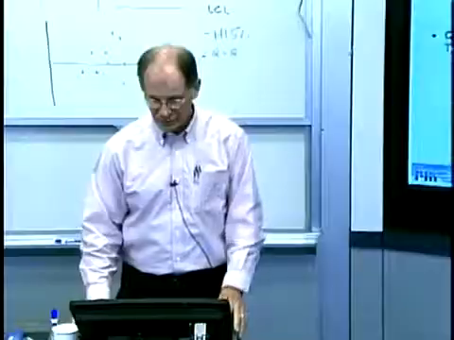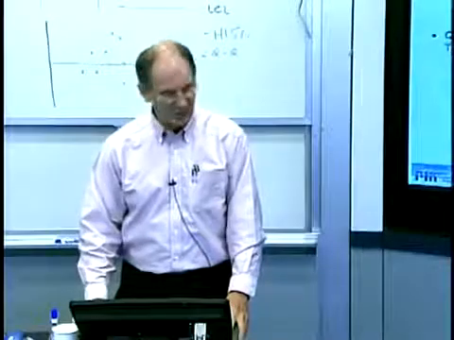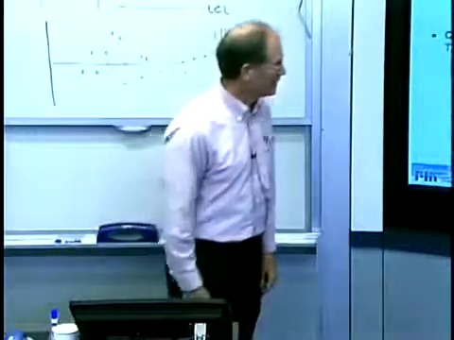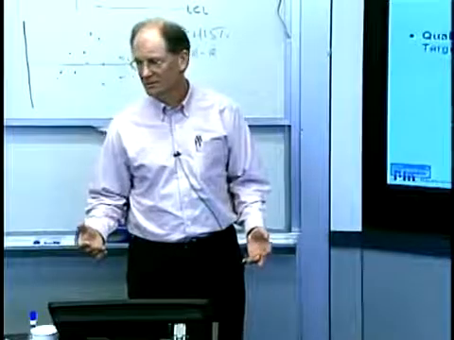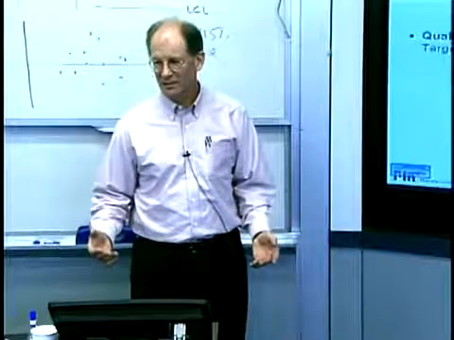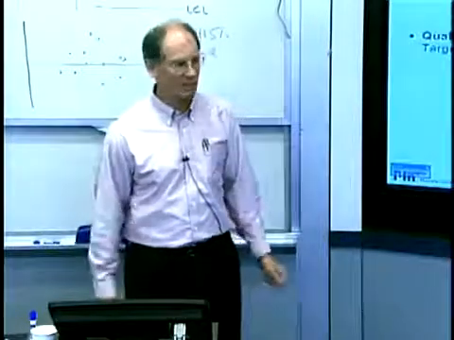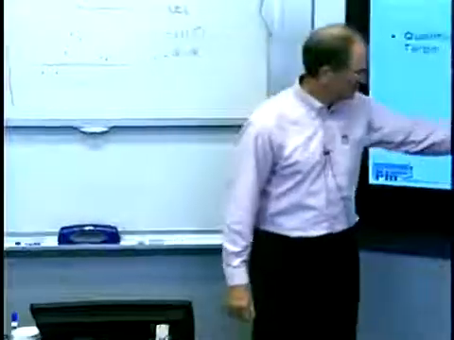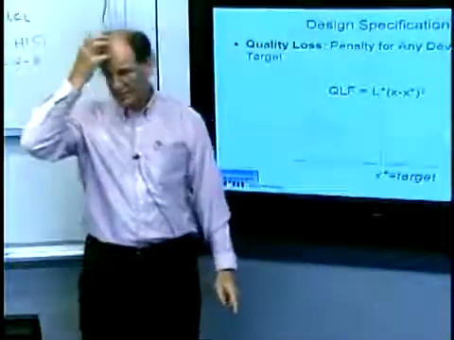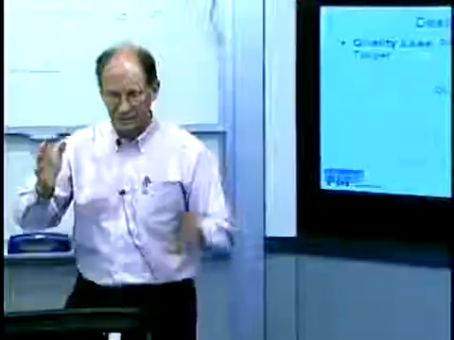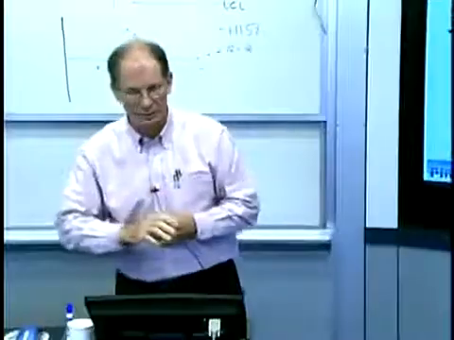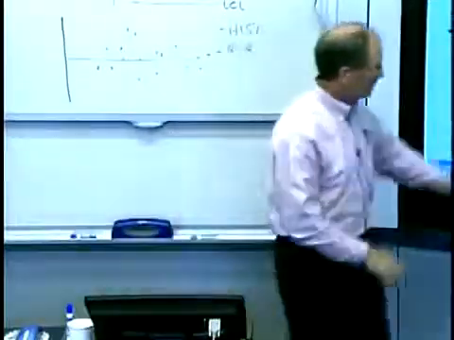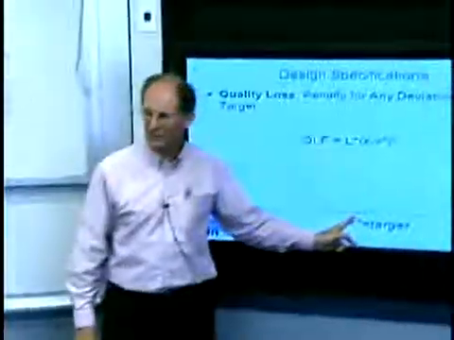Quality loss, which was introduced by Taguchi some time ago, basically said that's baloney. There are some really good case examples of this, but that's baloney. He said, look, if there's a target value for some specification, a dimension or a property of something, and you can specify that, that's the best one.